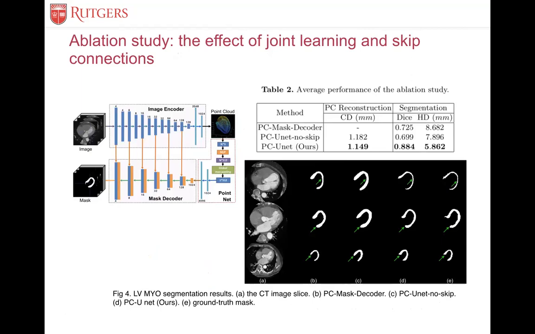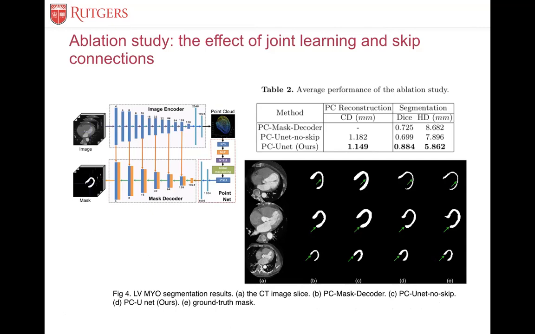We also did an ablation study to explore the effect of joint learning and skip connections. Here, we tested three models. The first model is the PC mask decoder. It has the PointNet part and the mask decoder. The input is the point cloud, and the output is the segmentation masks.